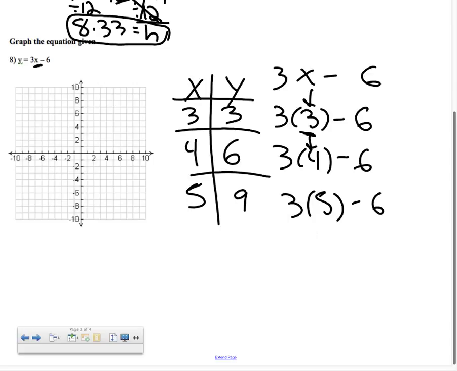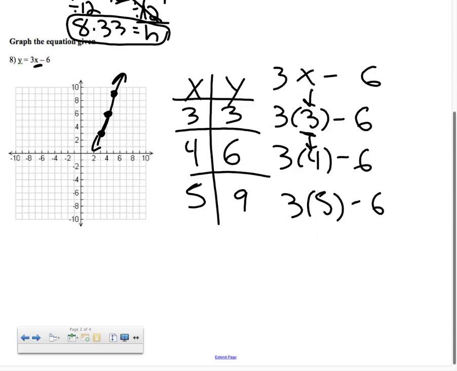And once you have about 3 or 4 points, you can just go ahead and plot them. So this first point is 3, 3. So over 3, up 3. There's my first point. Next one's 4, 6. So over 4, up 6. There's my next one. And the next one's 5, 9. So over to 5, up to 9. My next one. And then that right there would be my graph.